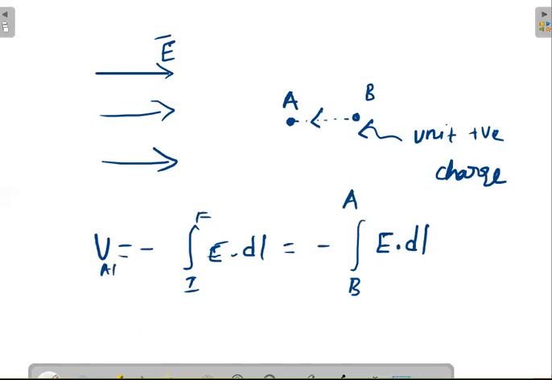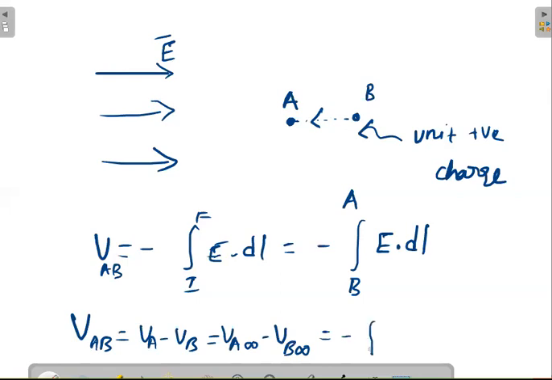This also can be written in some other format. How, sir? My VAB is equal to VA minus VB, or VA infinite minus VB infinite. Minus integral from infinite to A, E dot dl.